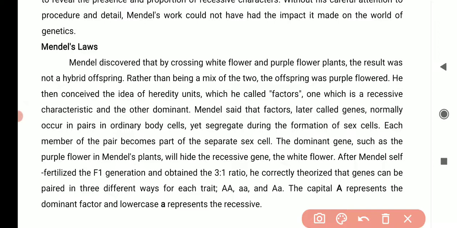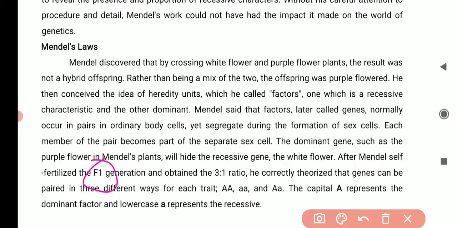Okay, first family generation, like your grandparents, they are the first generation, then your parents are the second generation, and you are the third generation. Okay, you are the F3. So he saw that in the first filial generation he got 3 tall plants and 1 short plant, or in this case he got 3 purple plants and 1 white plant.